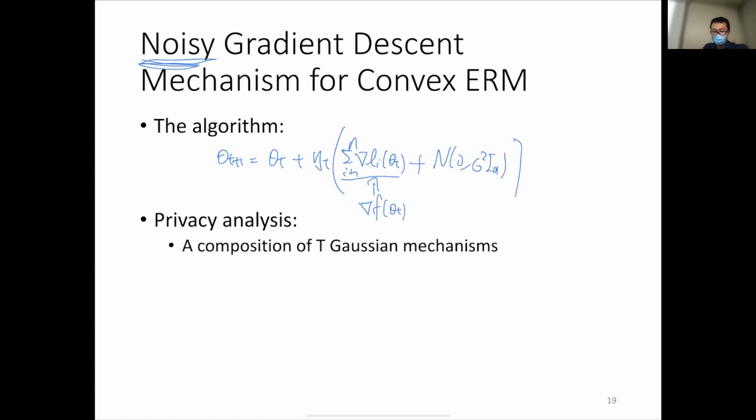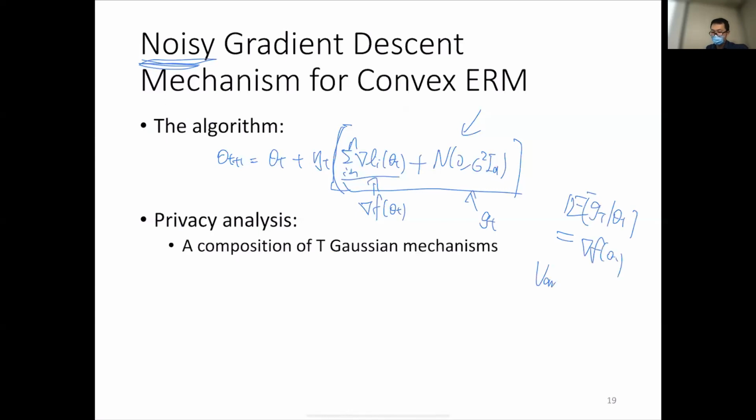And the point of analyzing the stochastic gradient descent rather than the gradient descent is because after we add this noise, this becomes an instance of the stochastic approximation of the gradient. So if we call the whole thing gt, we can see that gt, conditioning on theta t, has expected value equal to the gradient of f at theta t.